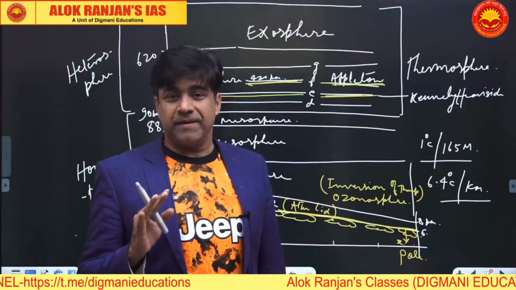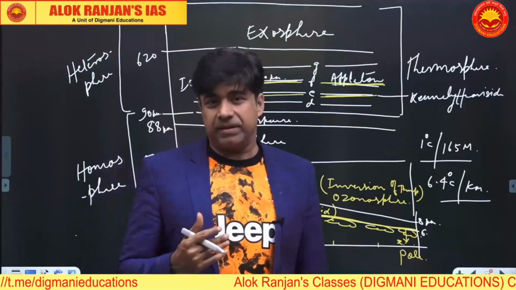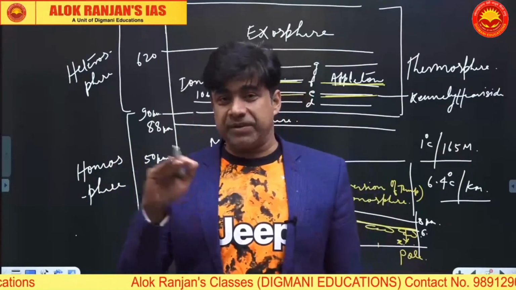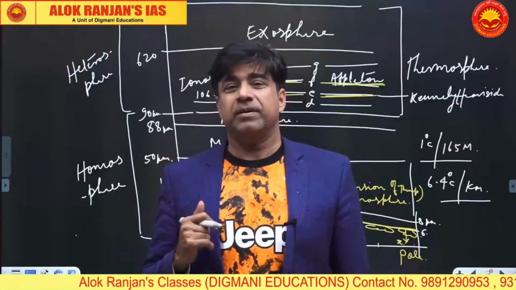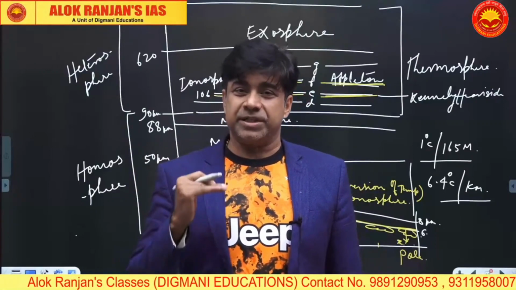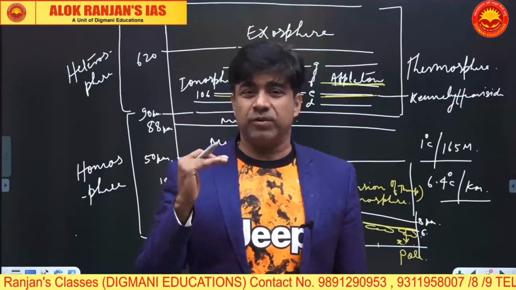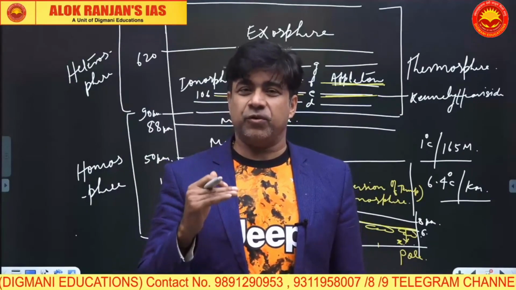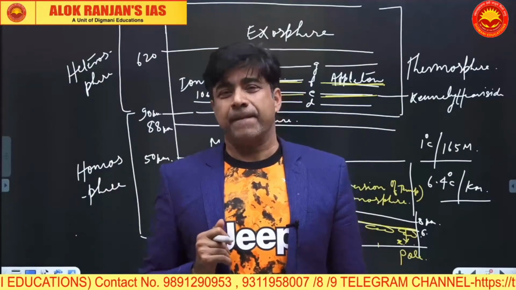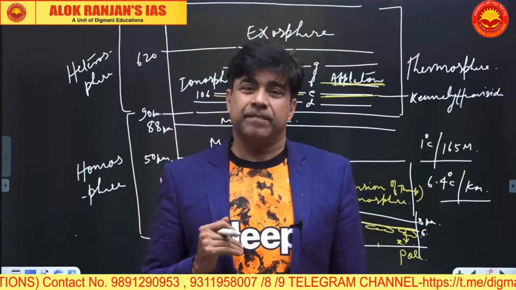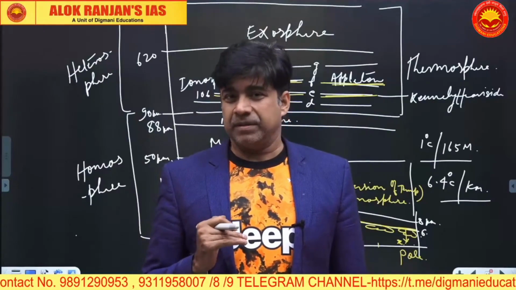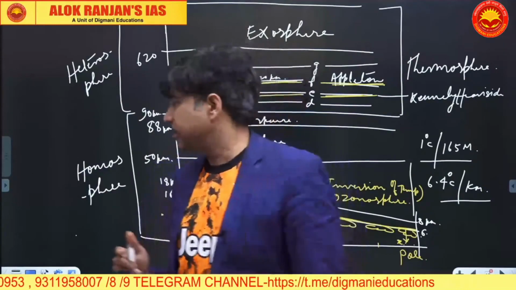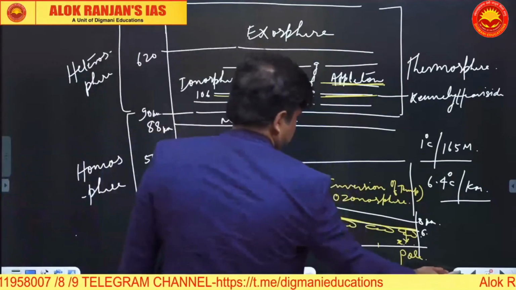So please write, the stratosphere has different stratified zones of ozone gas, different stratified layers of ozone gas, where the lapse rates are homogeneous.